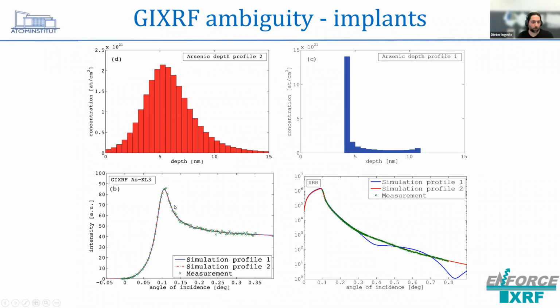I could fit the same grazing incidence GIXRF curve with this red, somewhat Gaussian-shaped profile, and otherwise also with almost just a one-layer-thickness sample. But of course, in the XR they will look different. So this was one indication of why it's really helpful in this case to use the XR information.